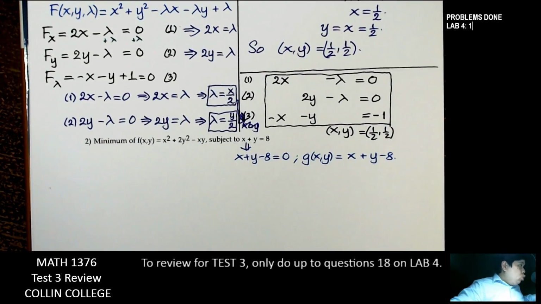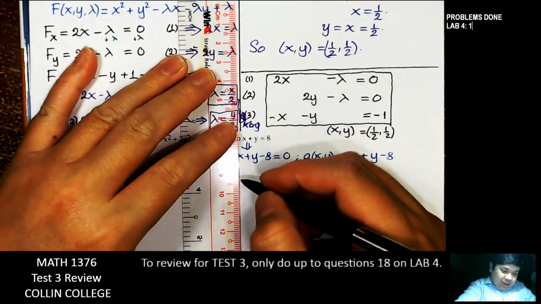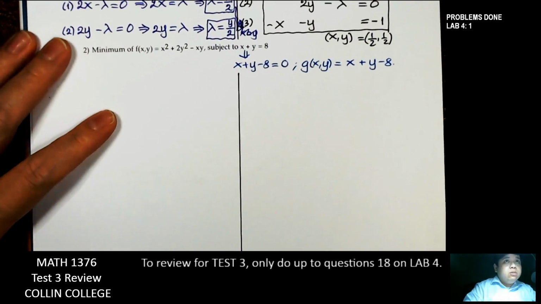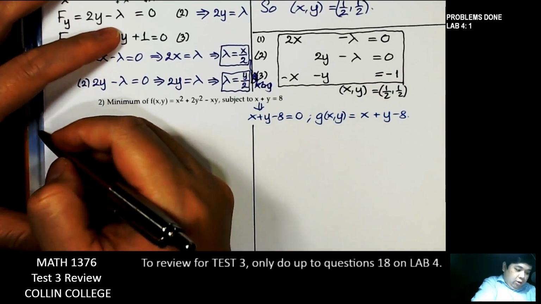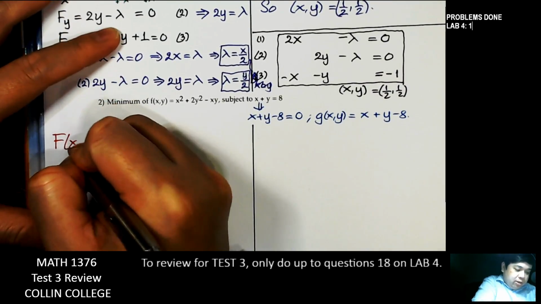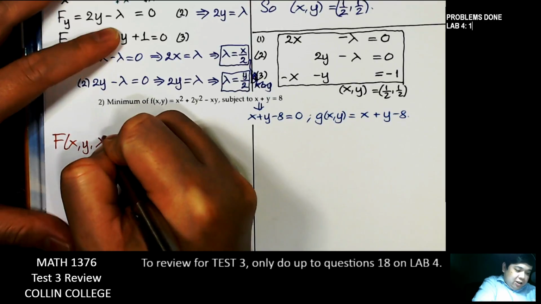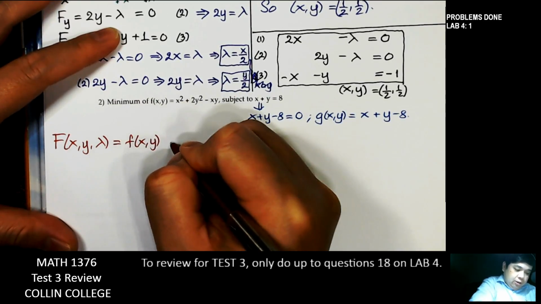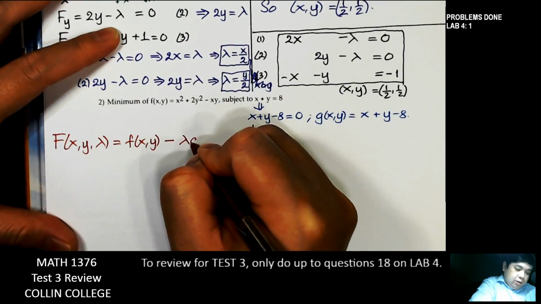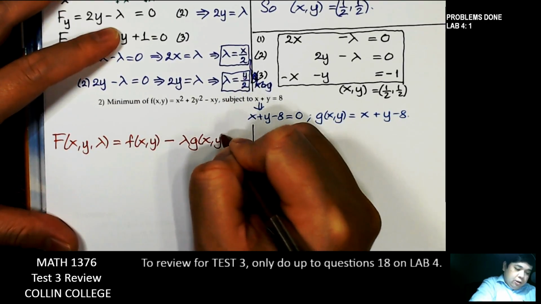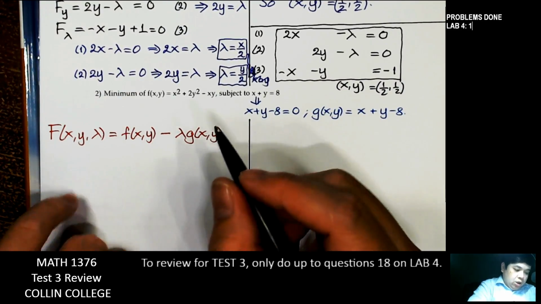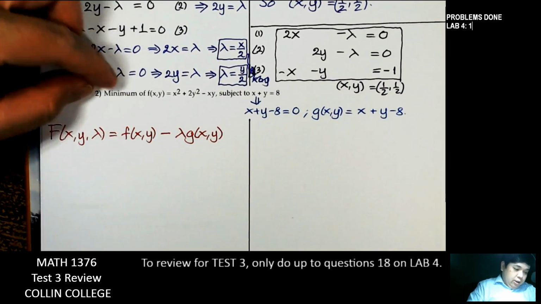Again, those problems usually are very long, so I will divide the page in half. Right, first form the function of x, y, and lambda. So the function is this.